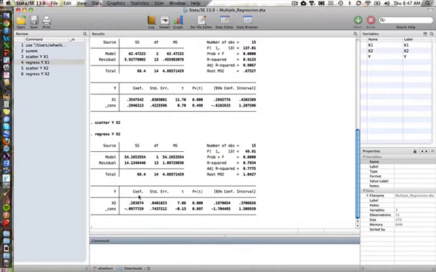The coefficient for x2 represents the slope of the line, and this constant represents the y-intercept. So for this equation, if we wanted to write it out, we would say y equals 0.284, rounding, times x2 minus 0.098. So that would be the equation of the line if we wanted to actually write it out.